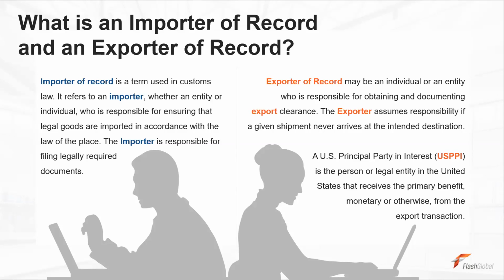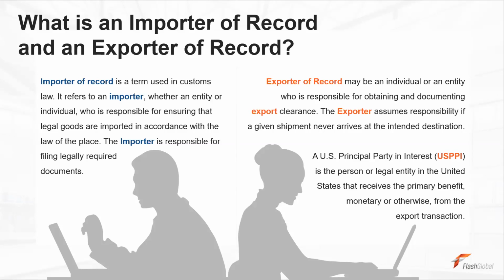So as the U.S. PPI, we talked about this last session, since you are the owner of the goods, you're considered the U.S. Principal Party in Interest, which equates to the same thing as exporter of record for U.S. purposes. So I just wanted to make that point.